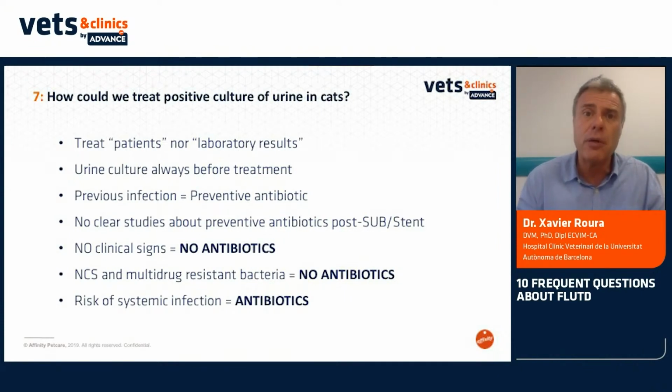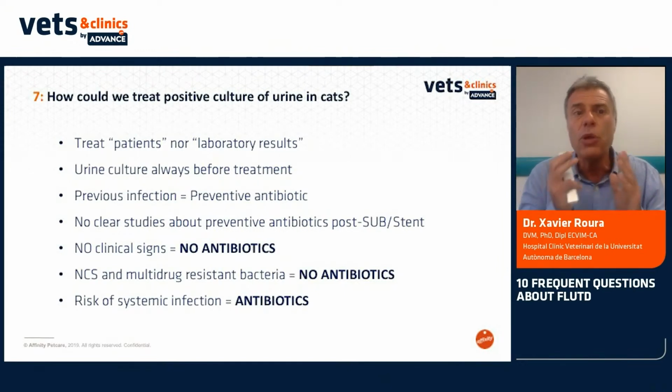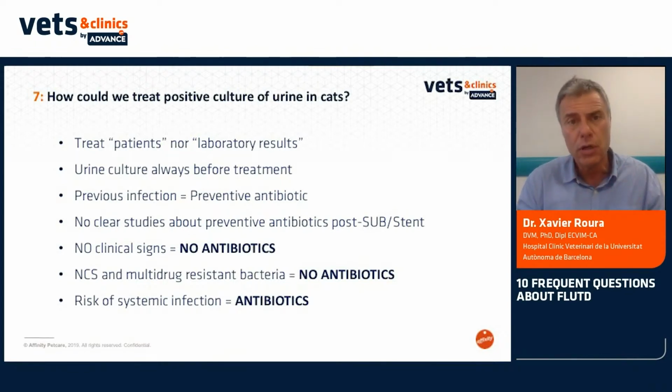Another important point is that when we need to use antibiotic for the treatment of urinary tract diseases, we need a urinary culture. Without urinary culture, we cannot approach this kind of treatment in cats adequately. So we always need the urine culture.